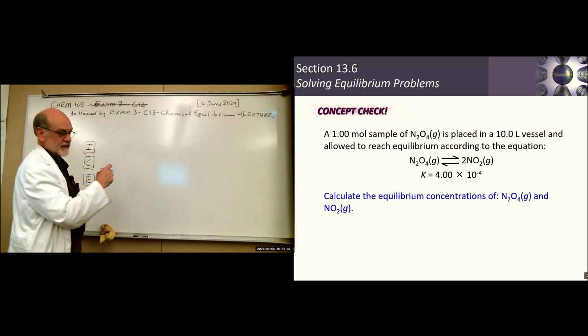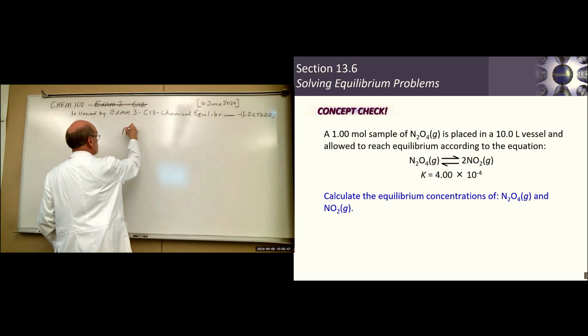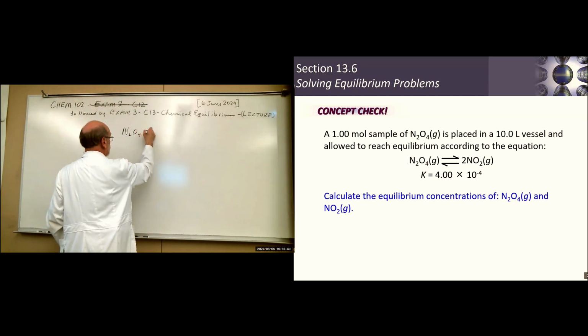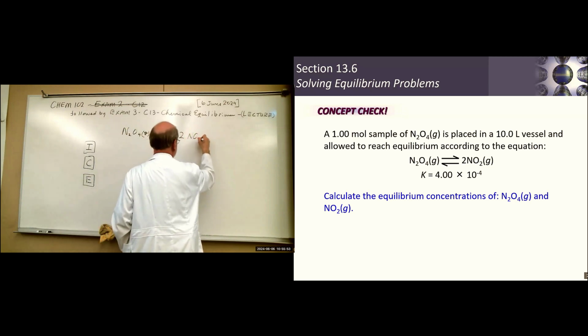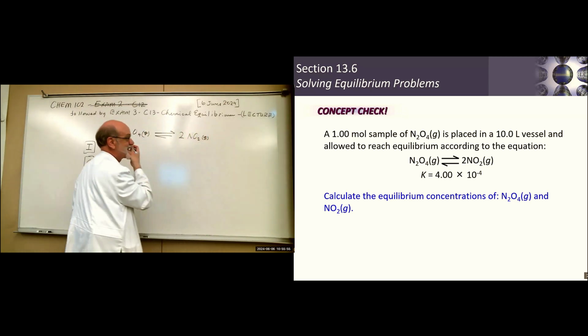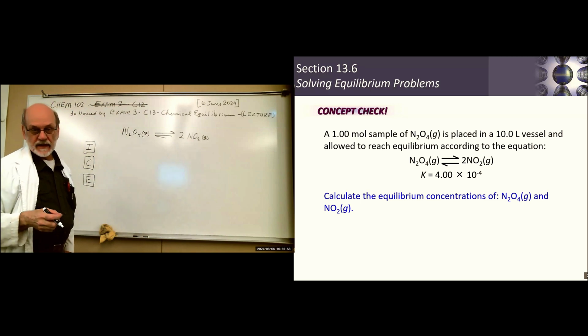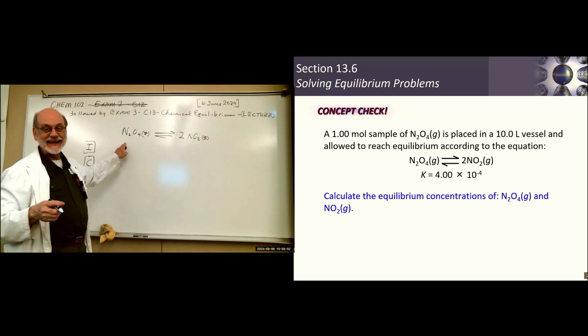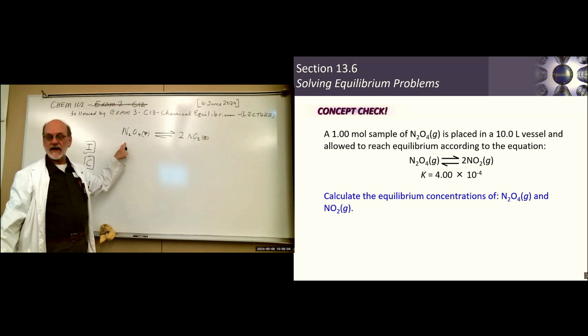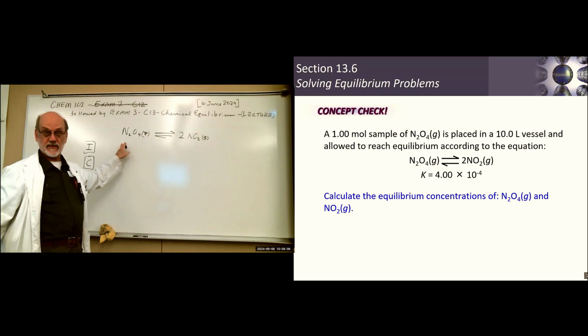All right, so we have this molecule here, N2O4, in equilibrium with 2 NO2. Let's see. 1 mole sample of this in a 10-liter vessel. So 1 divided by 10 is 1/10, right?